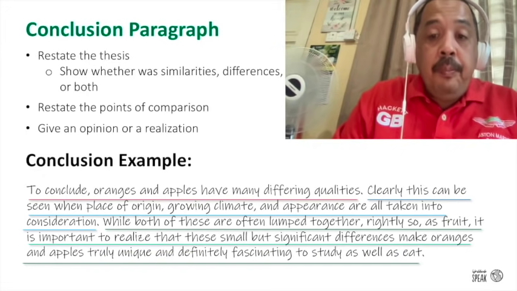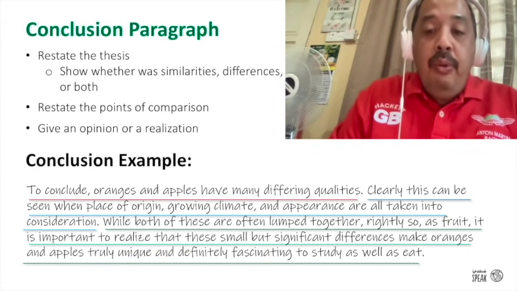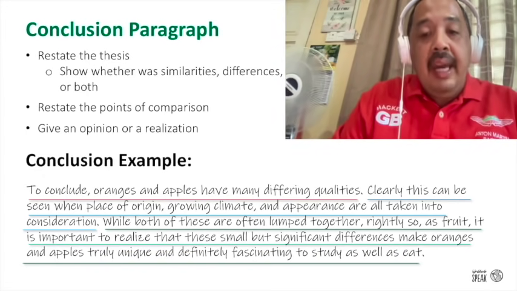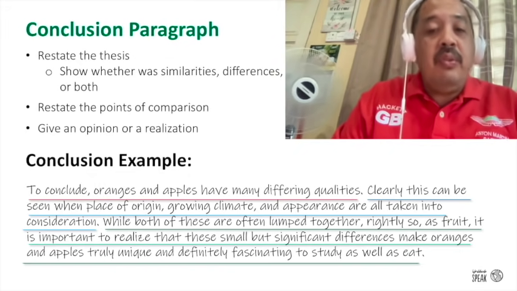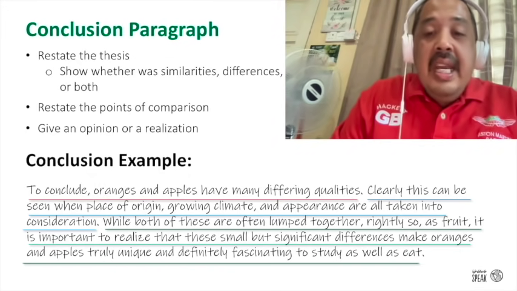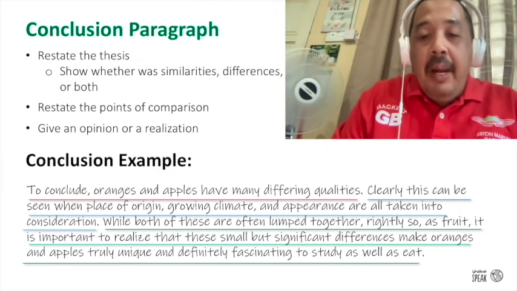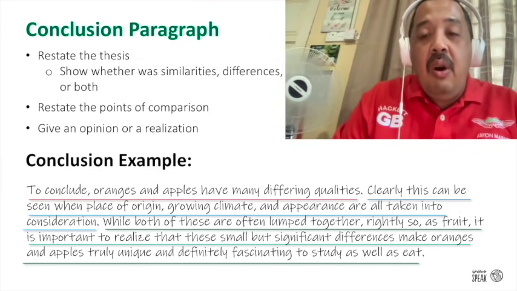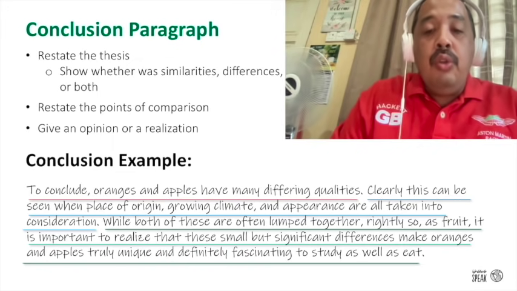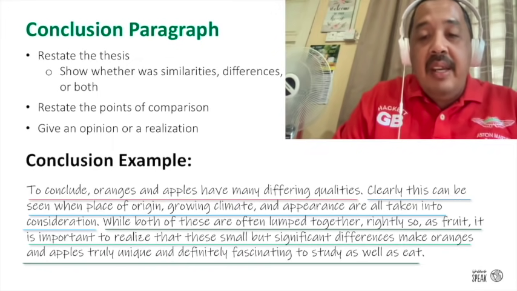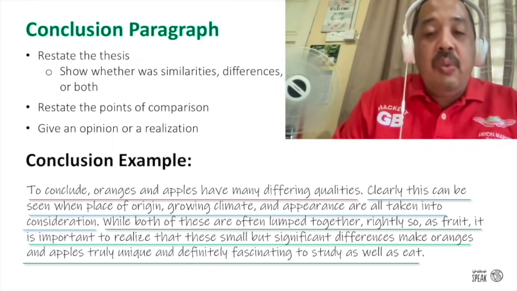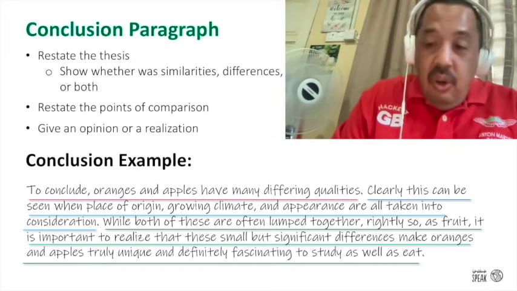And I wrote, while both of these are often lumped together, rightly so, as fruit, it is important to realize that these small but significant differences make oranges and apples truly unique and definitely fascinating to study as well as to eat.